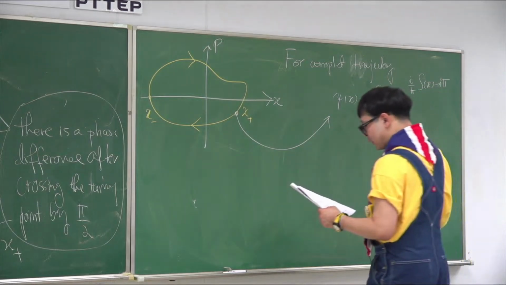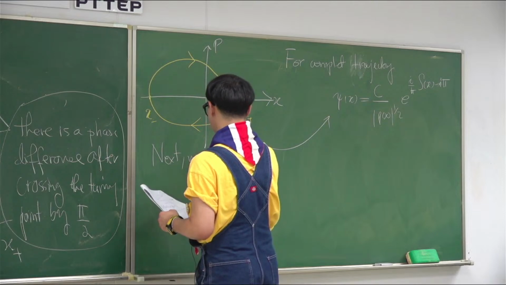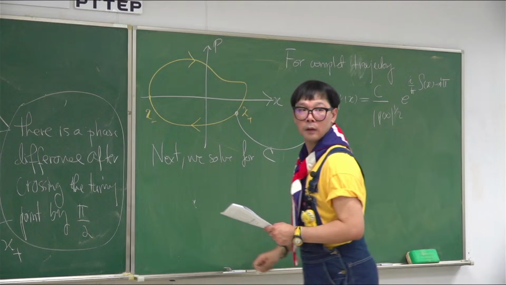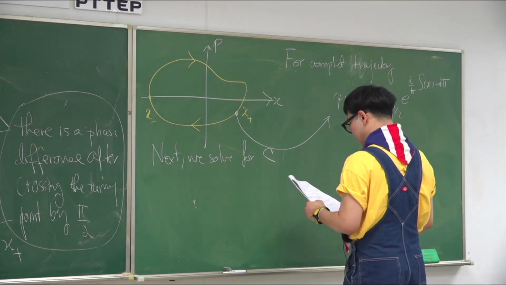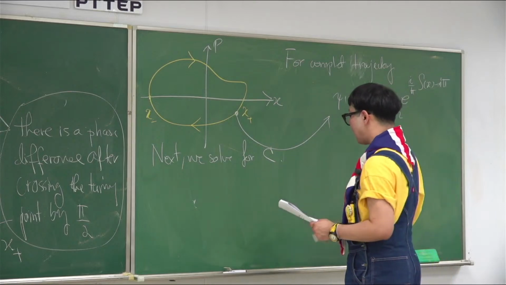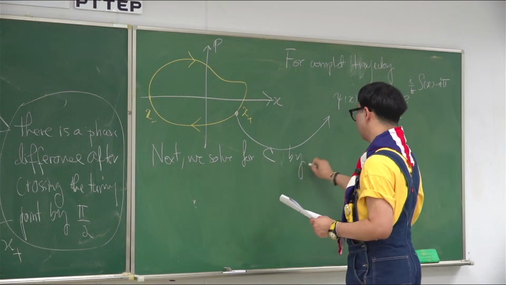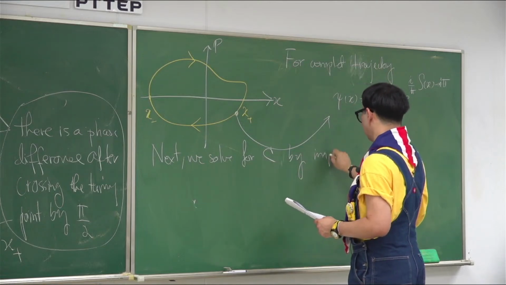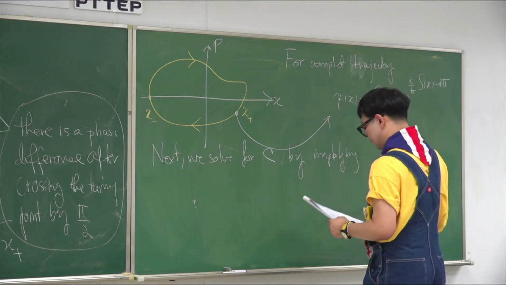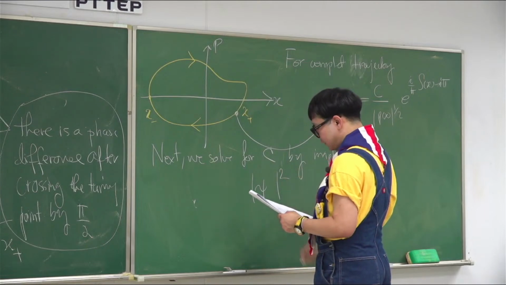Next, we need to solve for C, right? By employing this thing squared, right?